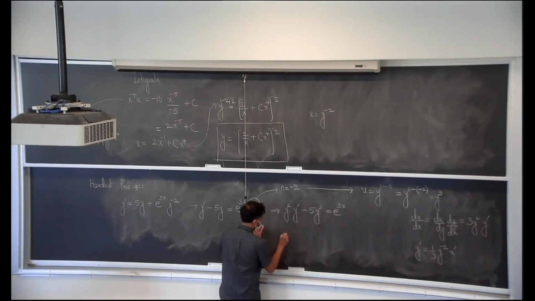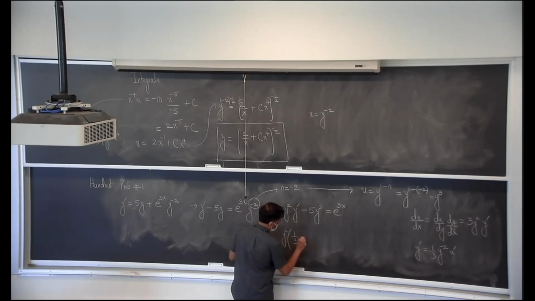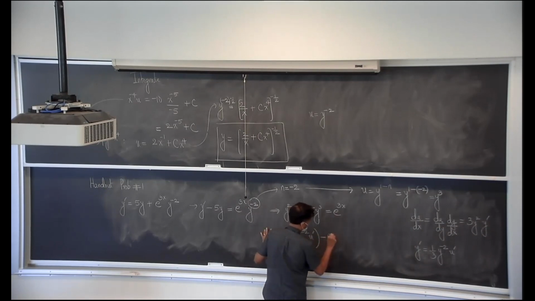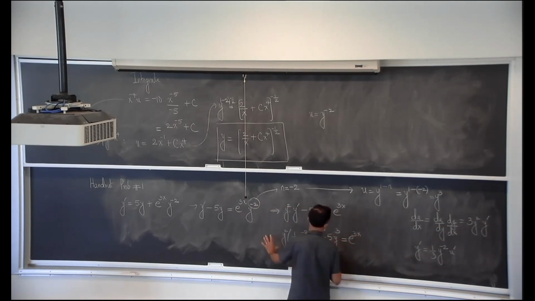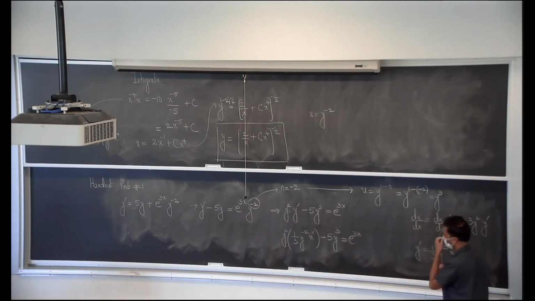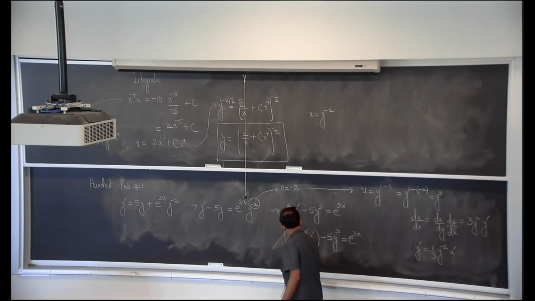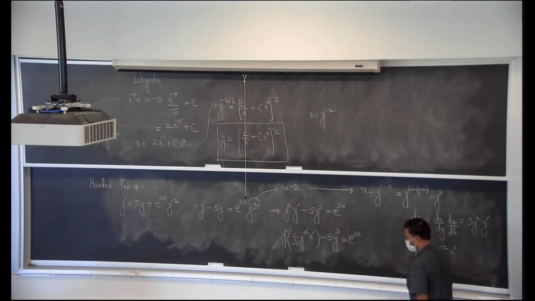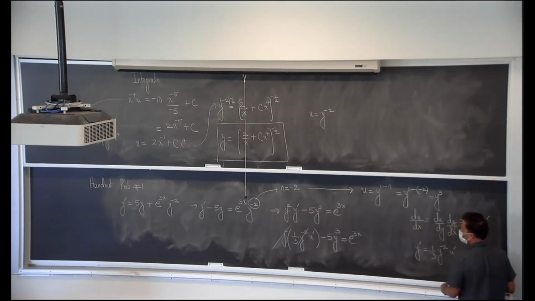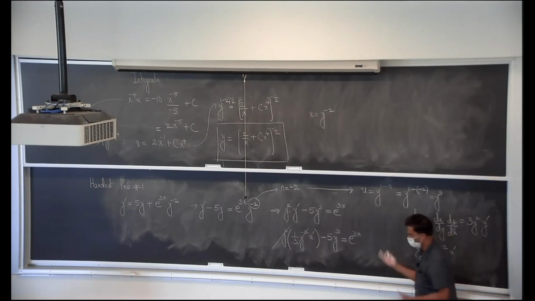So this is y squared times y prime, which is 1/3 y to the power of -2 u prime. No surprises there. And of course, y to the 3 is u.